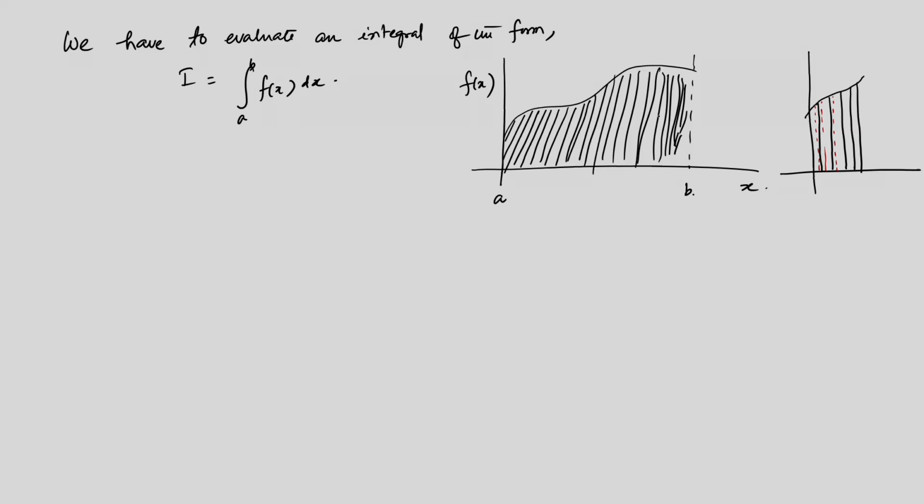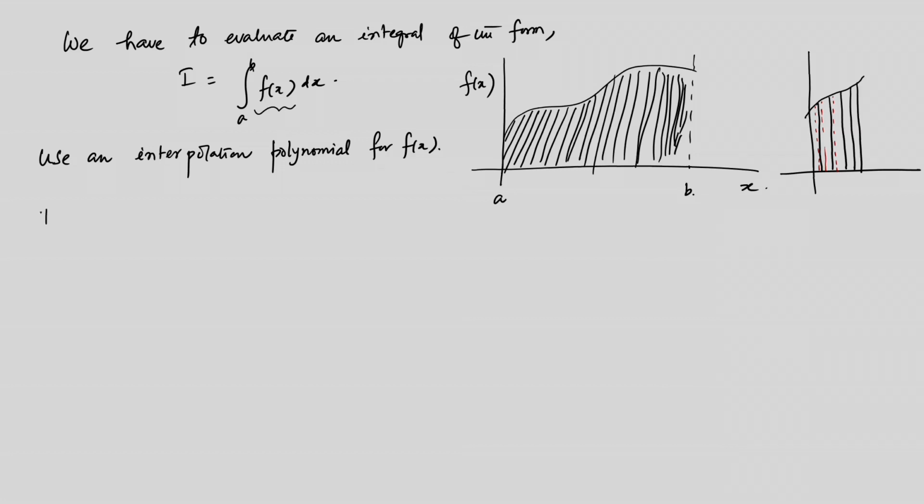So, the other way of doing it is that we can approximate this f of x by an interpolation polynomial. So, we will use an interpolation polynomial for f of x. Okay.